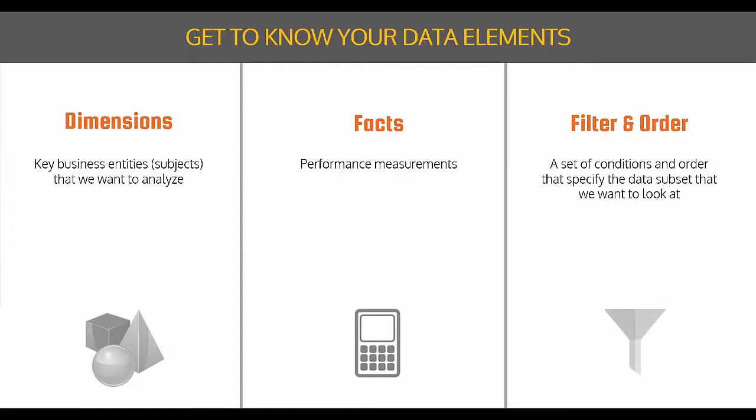And filters and orders are the set of conditions and order that specify the data subset that we want to look at. So during this discussion, we will touch dimensions and facts, because filters and order are more related to the way we visualize the data. And today we're here to discuss the data modeling. So dimensions and facts are concepts that are related to the Elasticube.